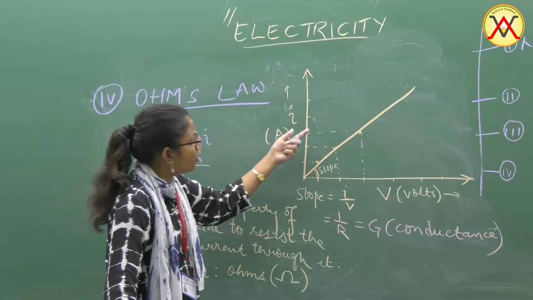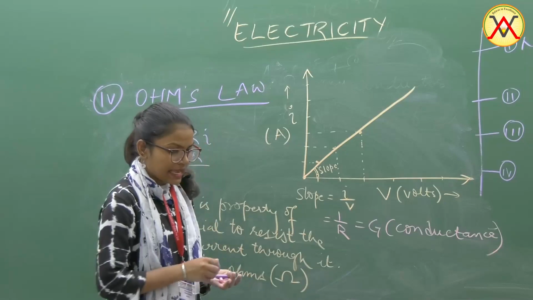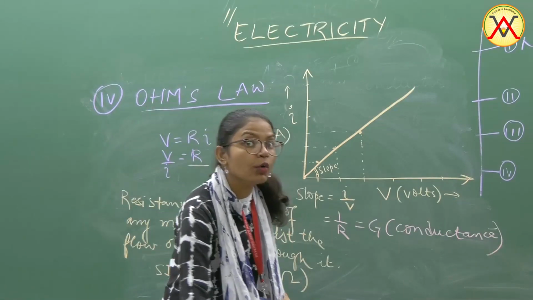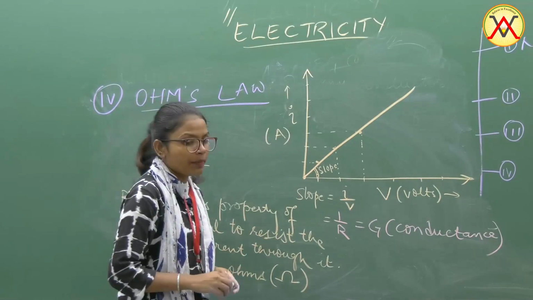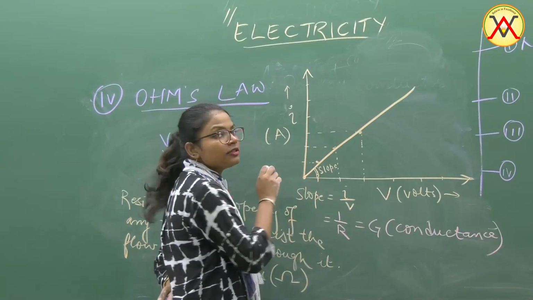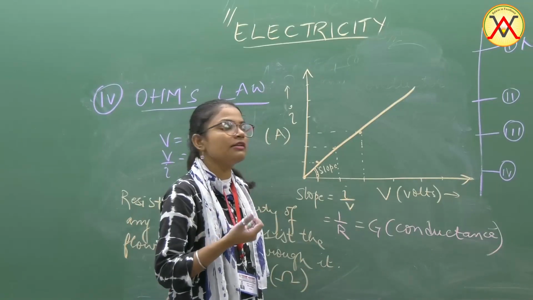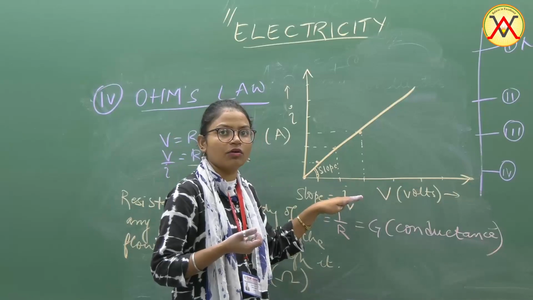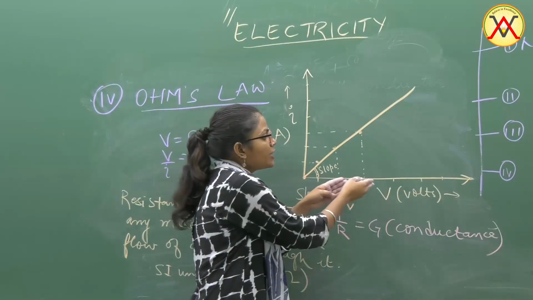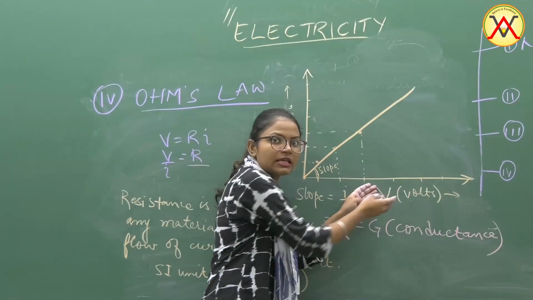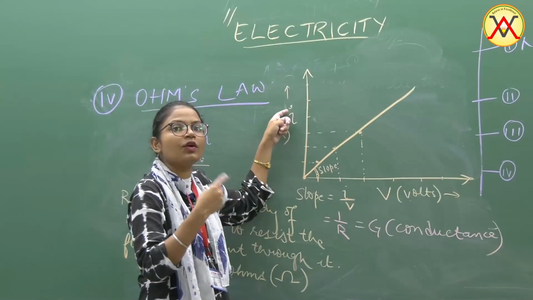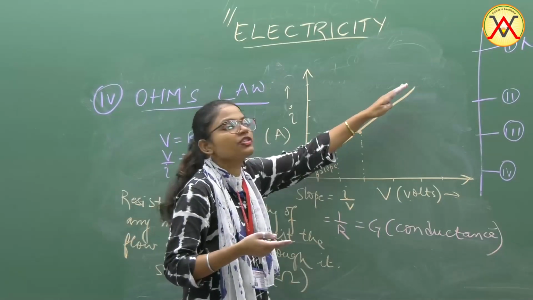This Ohm's law or this curve is applicable only for ohmic conductors. Ohmic conductors means all those conductors or materials which follow this Ohm's law. That is, as we are increasing our potential difference, in accordance our current would be increasing proportionately.